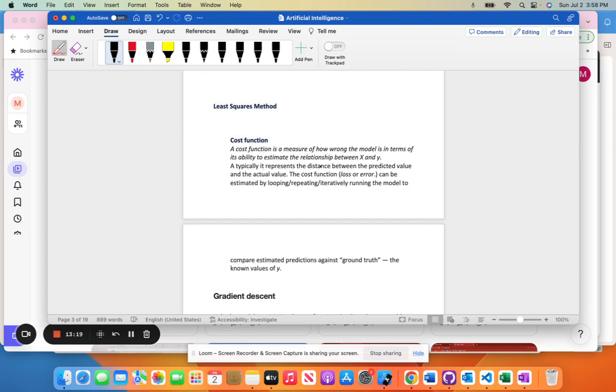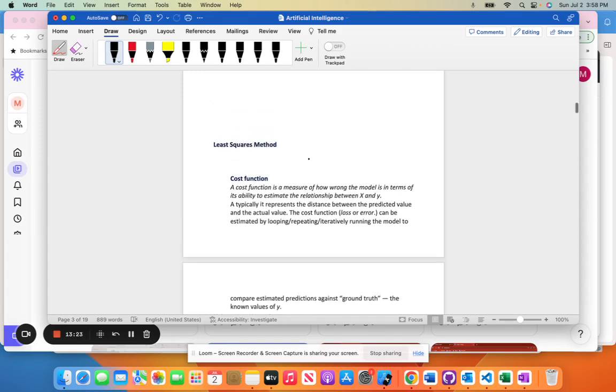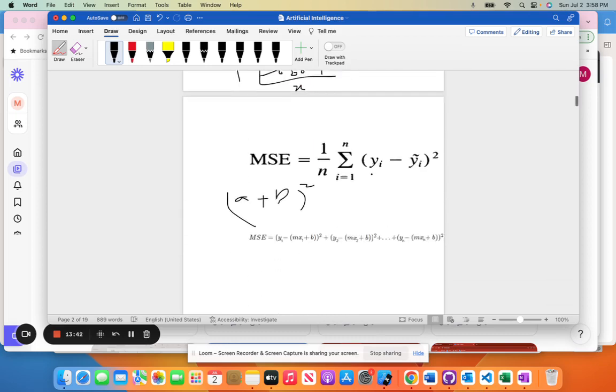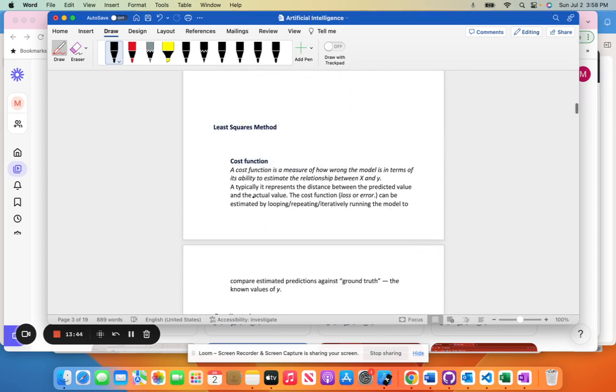Here, x is our value, and y is called the target variable. Typically, it represents the distance between the predicted value and the actual value. Like over here, our model predicted this point, but the actual value is here, and the same at the top and the bottom of the line. When we make a slope for this, that will be our actual error.